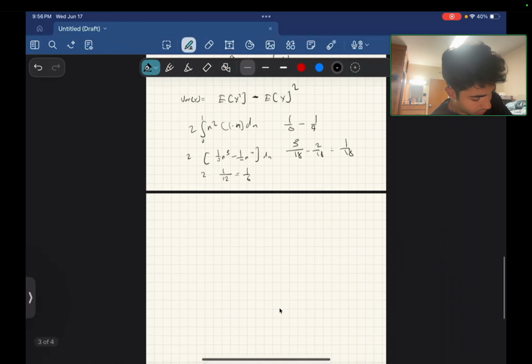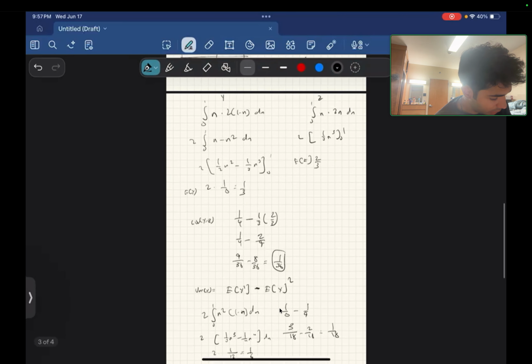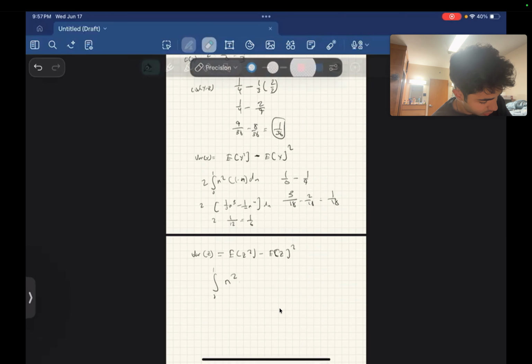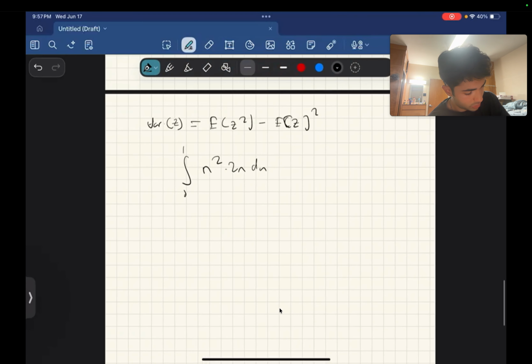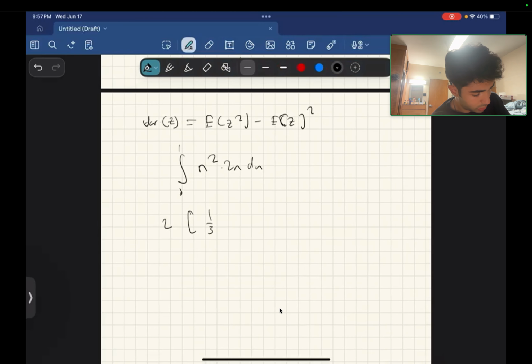And then for the variance of z, it's the expectation of z squared minus the expectation of z, whole thing squared. The integral from 0 to 1 of n squared, and was it n squared again, or 2n here, dn. Take out the 2, 1/3, no, 1/4.